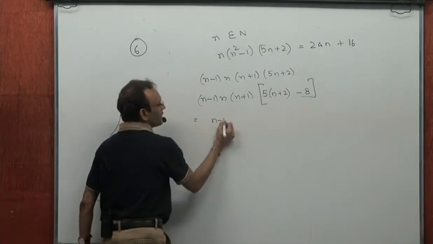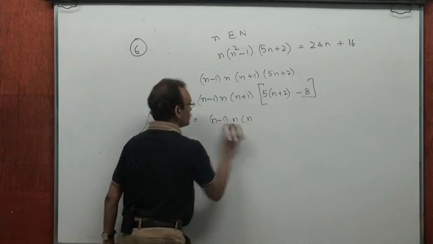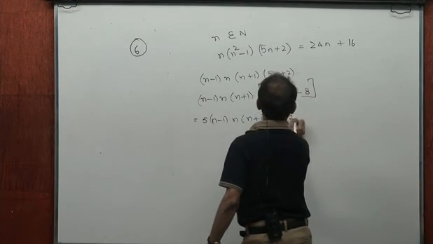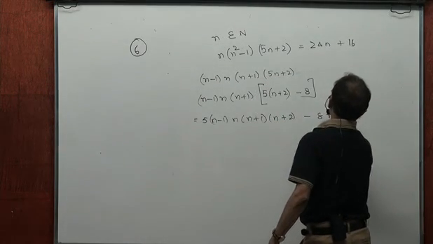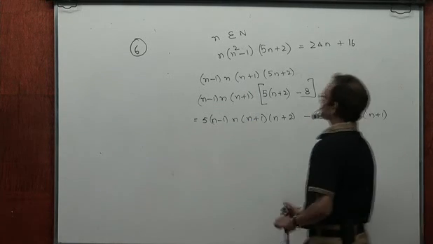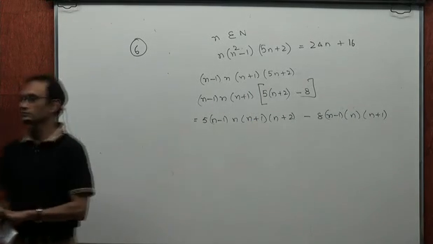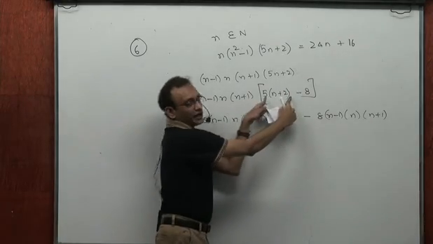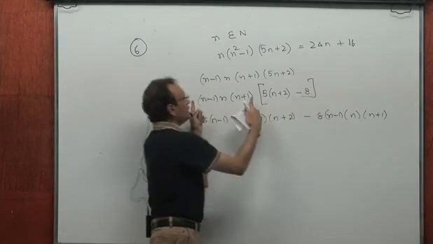So this is like n minus 1 into n plus 1 into n plus 2, minus 8 into n minus 1 into n plus 1. Can I do this? I hope you realize what I did. This into this minus 8 into this.